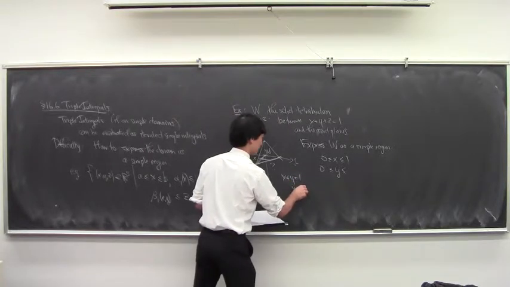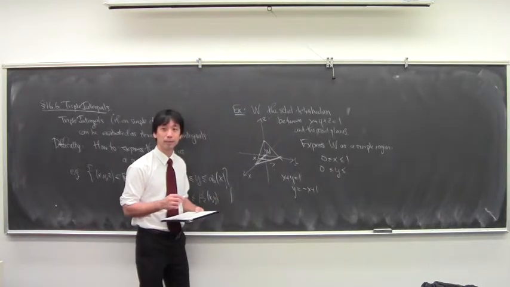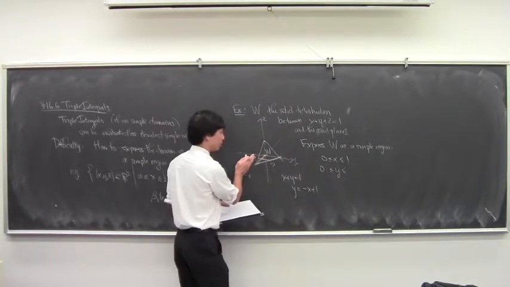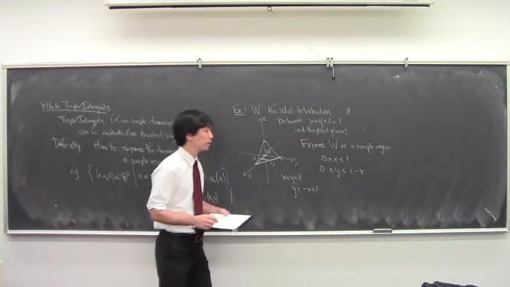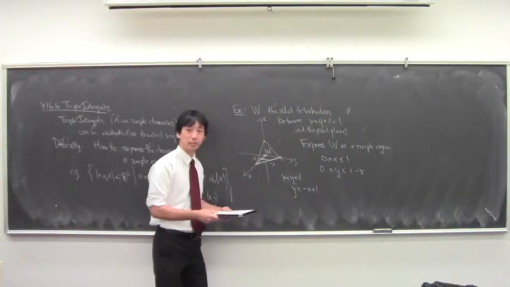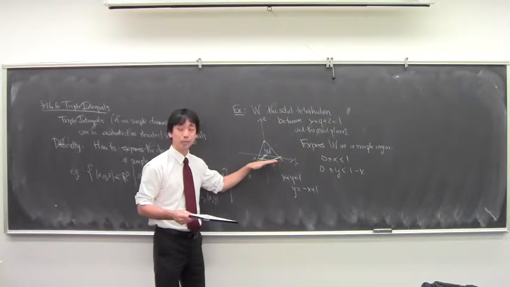Y is going to be negative x plus 1, that is 1 minus x. So y ranges from 0 up to 1 minus x. Okay, right. So that's good. That gives us the base as an x simple region.